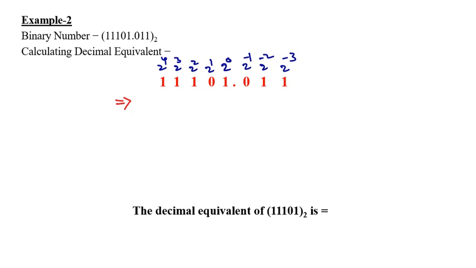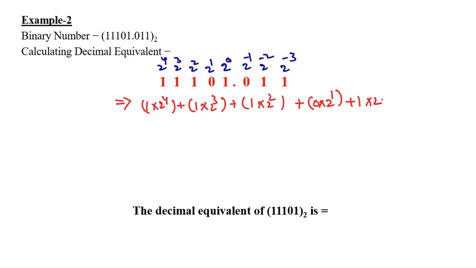That is, 1 into 2 power 4 plus 1 into 2 cube plus 1 into 2 square plus 0 into 2 power 1 plus 1 into 2 power 0, plus the fractional values are also added, that is 0 into 2 power minus 1 plus 1 into 2 power minus 2 plus 1 into 2 power minus 3. So now we will multiply and add.